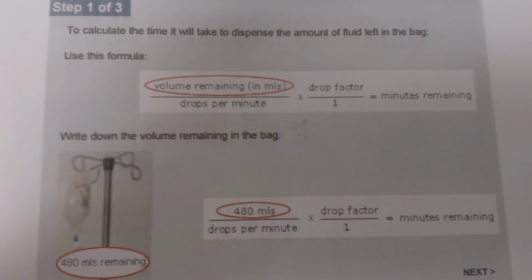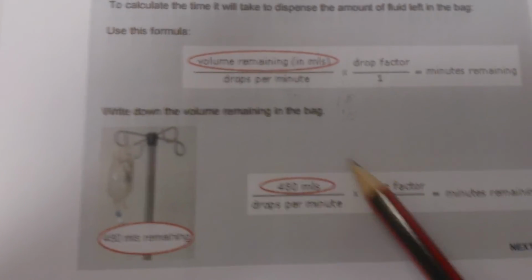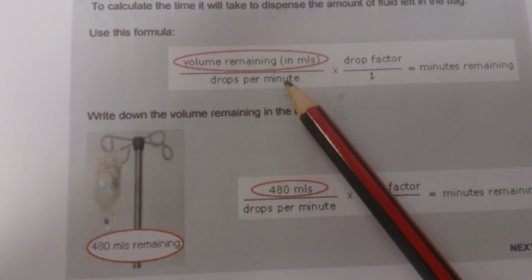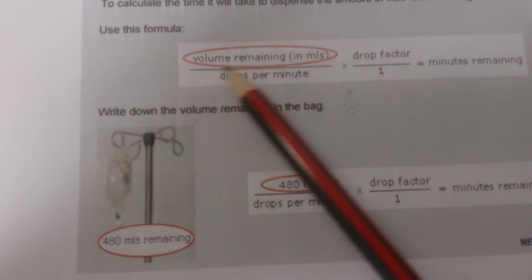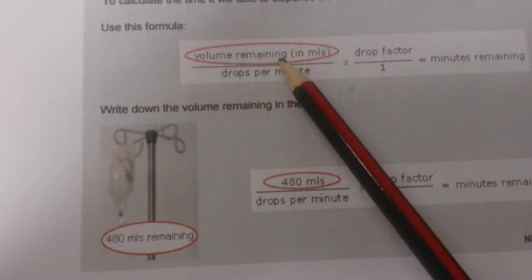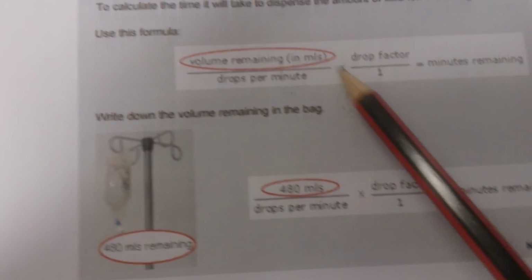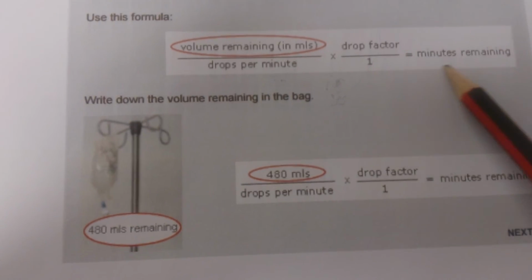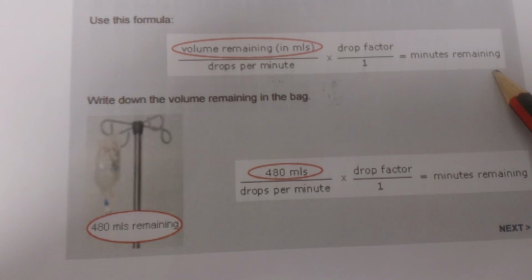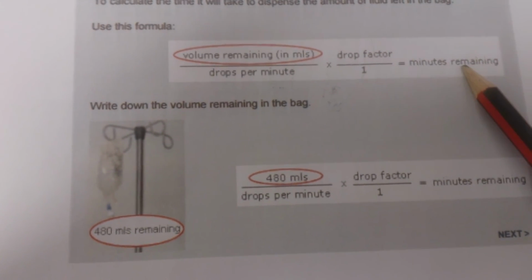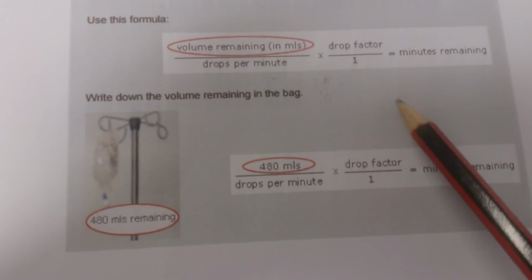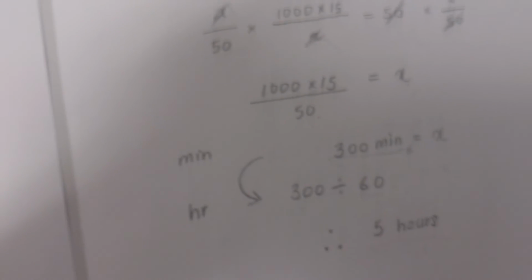So what we can do is use this formula. It says volume to be infused, volume remaining, over drops per minute, so that's the rate, times drop factor, and then we have the minutes remaining, so the time that we want to find out. So you can use this formula if this math bit confused you.